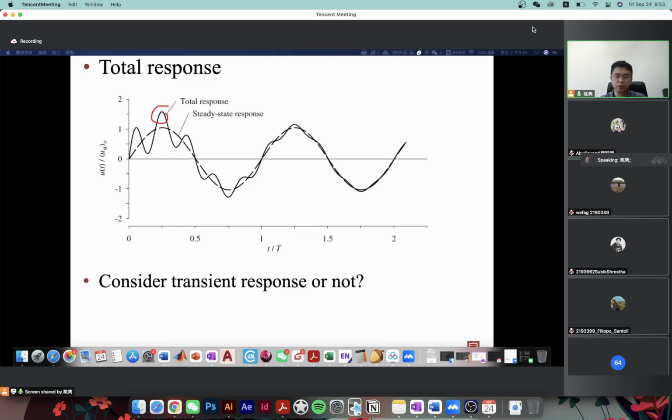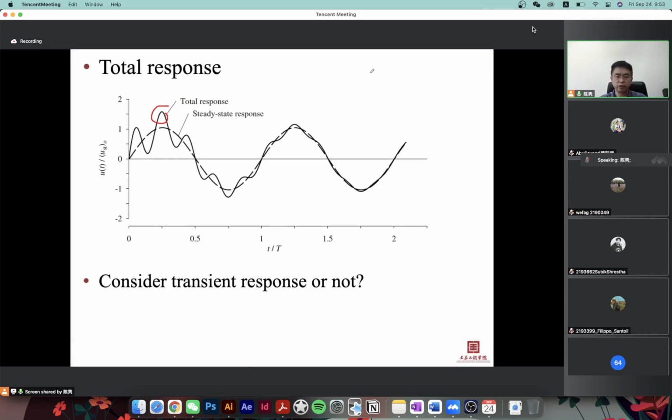A clear example is earthquakes. You have a structure subjected to earthquakes. Of course, here we give you the loading as harmonic, but I just show you this example.